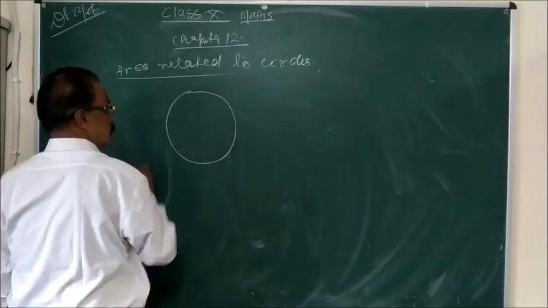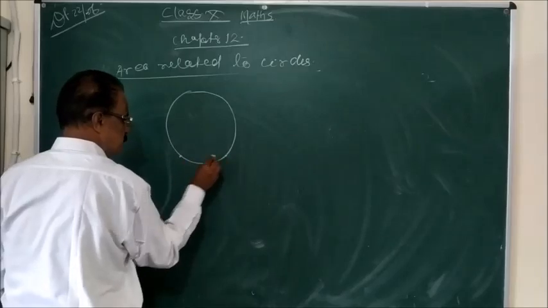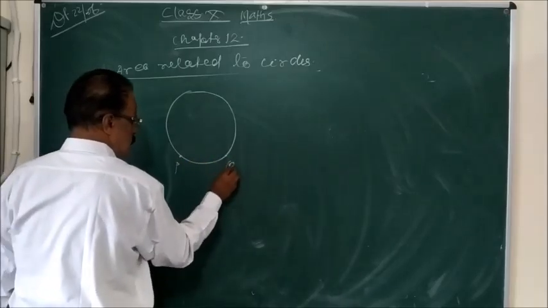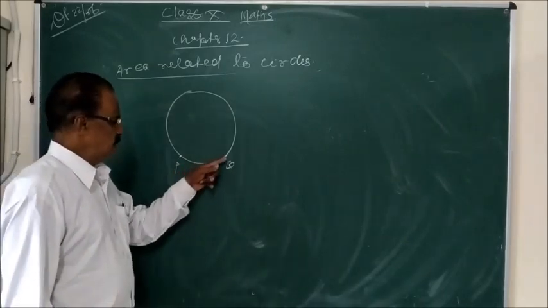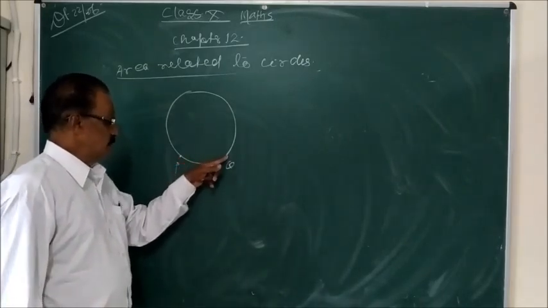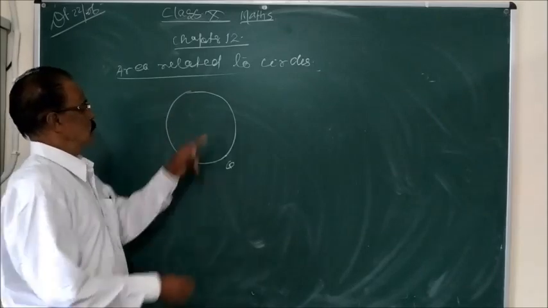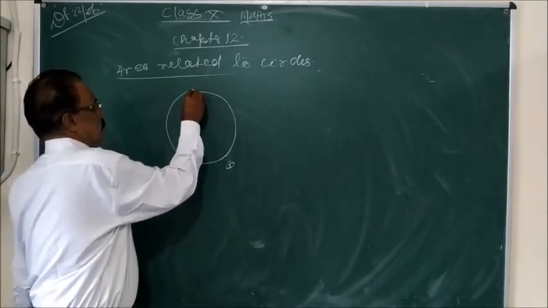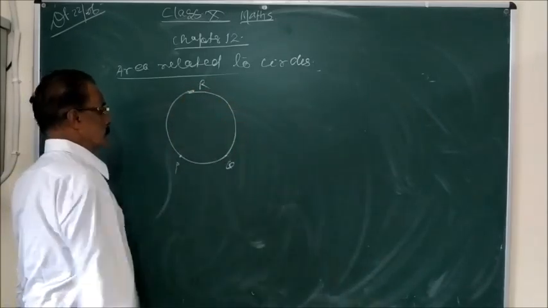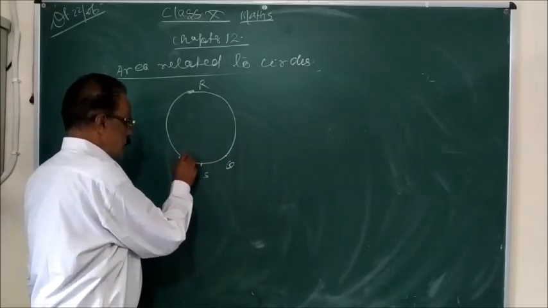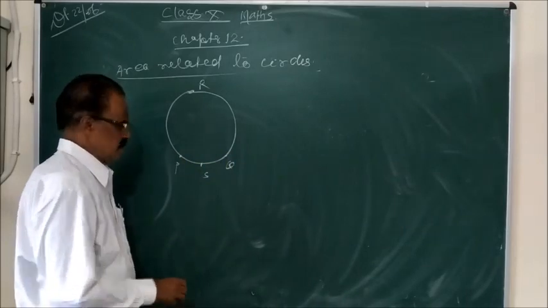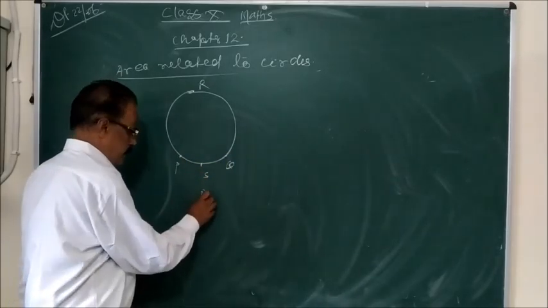This is the circle, and if you take 2 points, P and Q, so this PQ is called arc, length of arc. This is minor arc, and this PQ, for convenience point of view, if you take a point R, and here you take S, so you can see, you can denote this portion, PSQ.